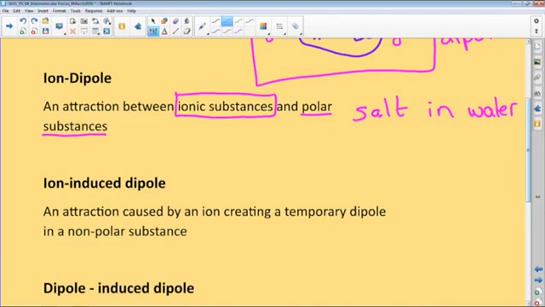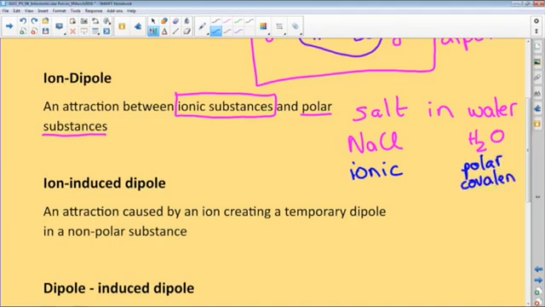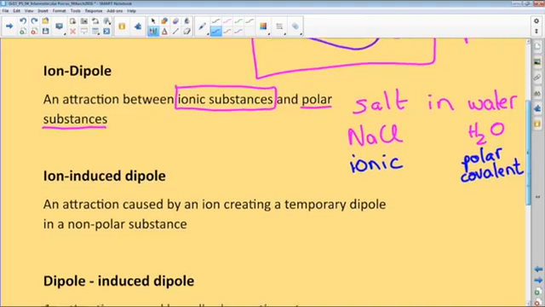Salt being NaCl or sodium chloride and water being H2O. So here we've got an ionic compound, and over here we have a polar covalent molecule.